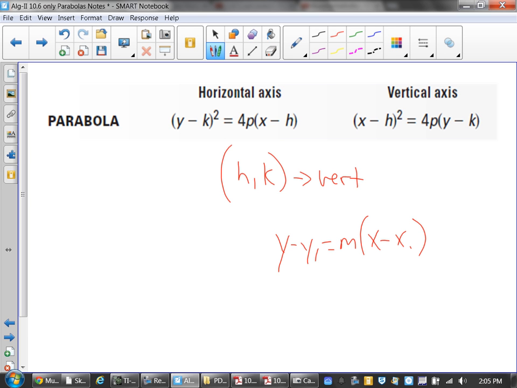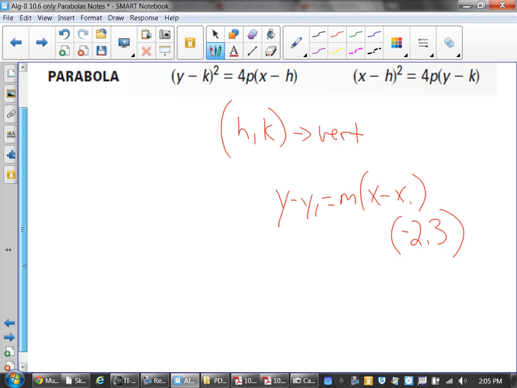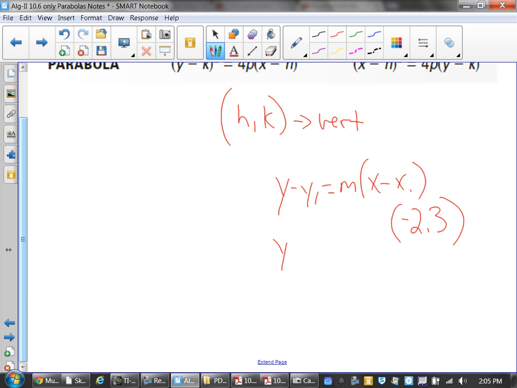Remember that? If you had an ordered pair of -2 and 3, you would rewrite it as y minus 3 is your slope, whatever it is, times x. When I write minus a -2, I write it as +2. So you're always moving around with those values. It works the same with these with your H's and K's. All right?